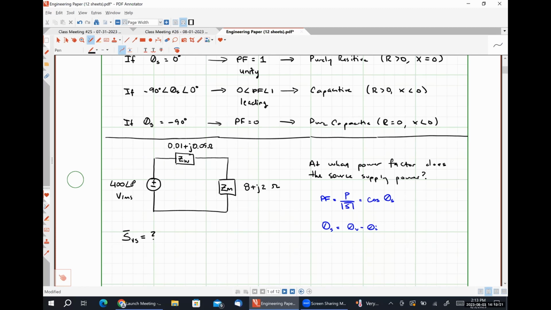Anybody have any thoughts? So let's break this down. What two pieces of information do we need in order to calculate any complex power? Real and imaginary part?